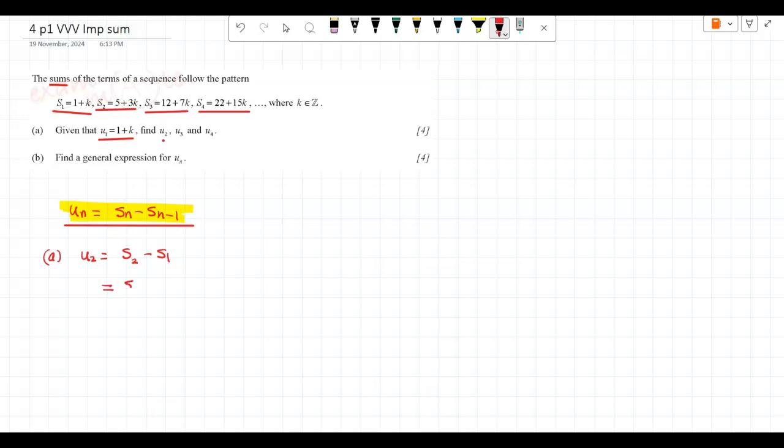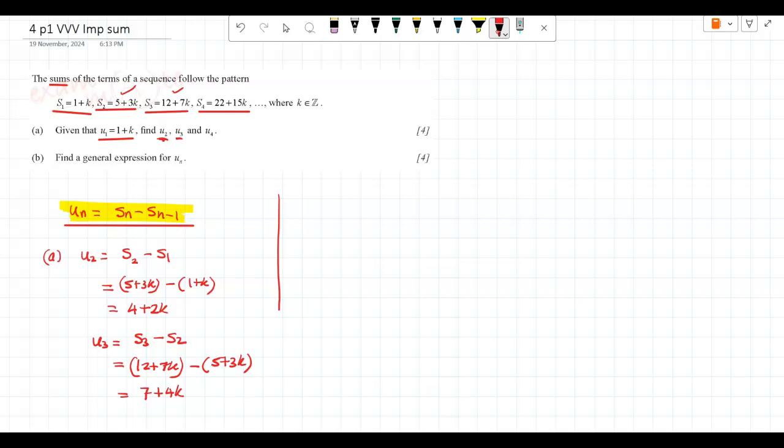S2 minus S1 is 1 plus K. So that will be 4 plus 2K, correct? U3, you have to find U3. U3 will be S3 minus S2. So the sum of three terms, that is this minus this. 12 plus 7K minus S2, which is 5 plus 3K. So when you open the brackets, it's 7 plus 4K. Correct? U4.